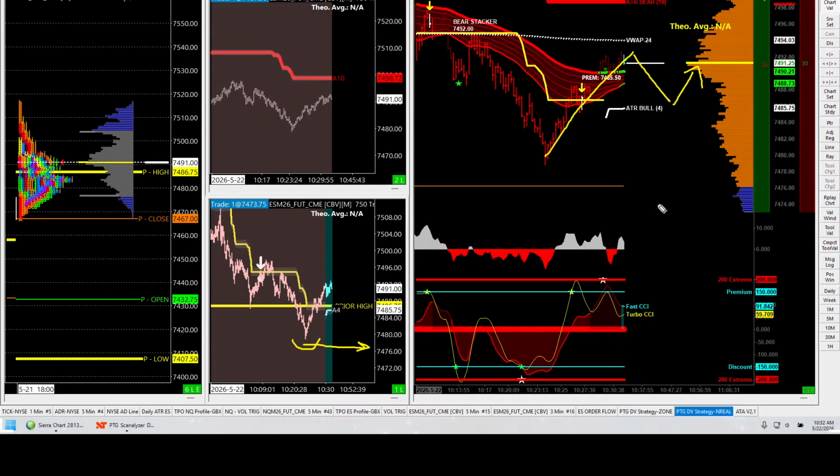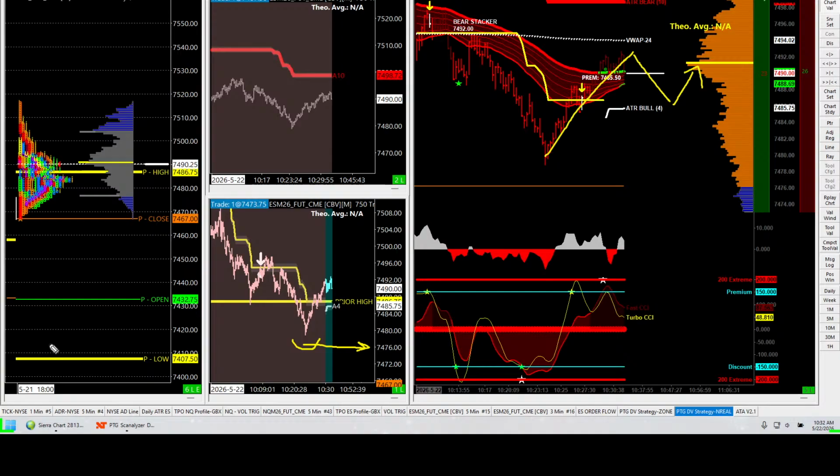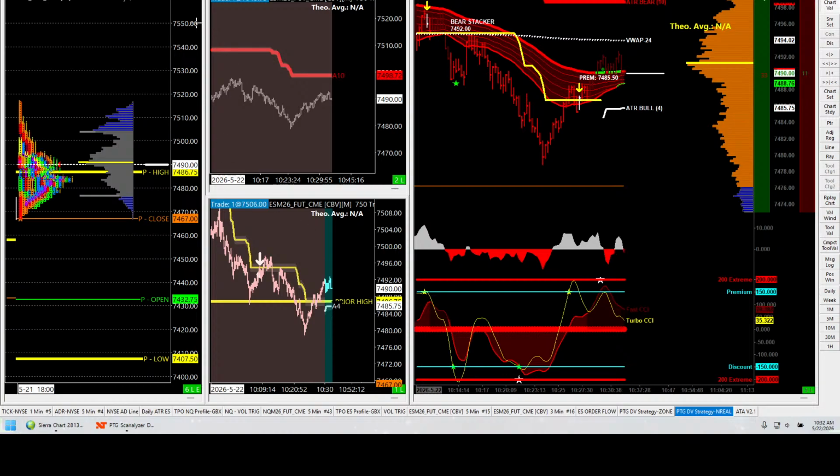That would be another potential for the bulls to reassume or reclaim dominance there. Is that clear for everybody? All right, so just again, an idea in that realm.